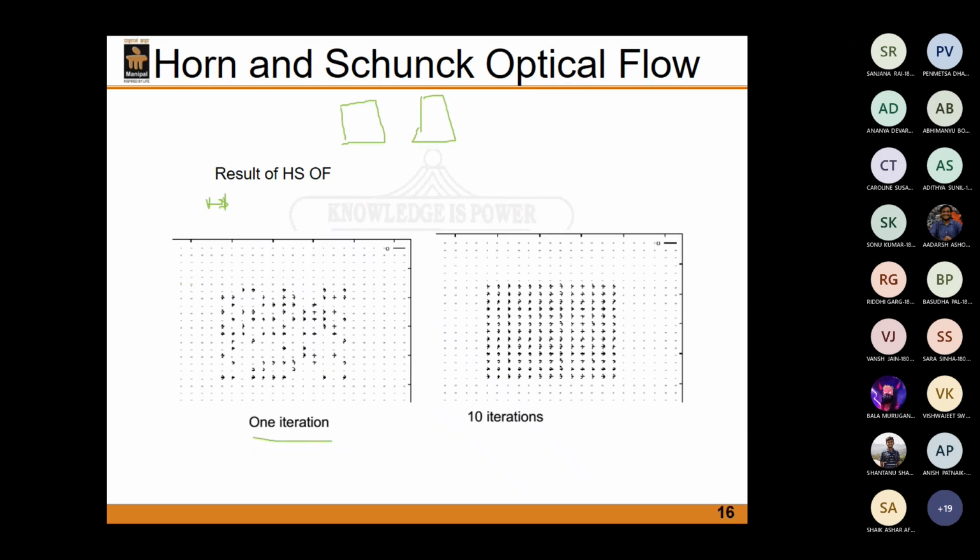Here, using the previous iterative process, we see that in the first iteration it might just give a value like this.